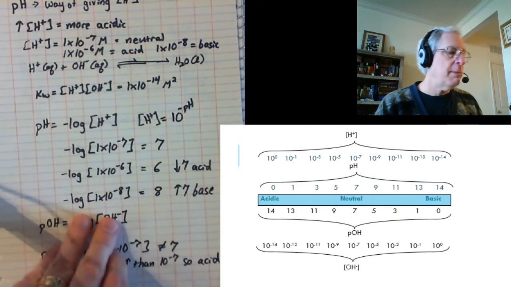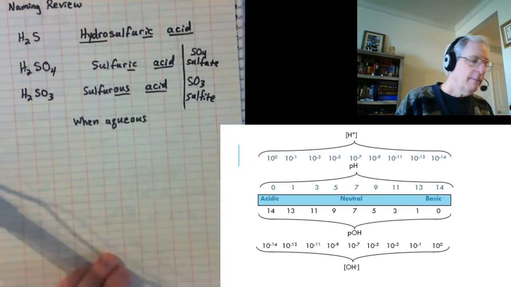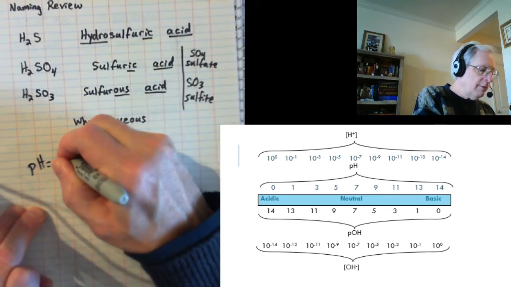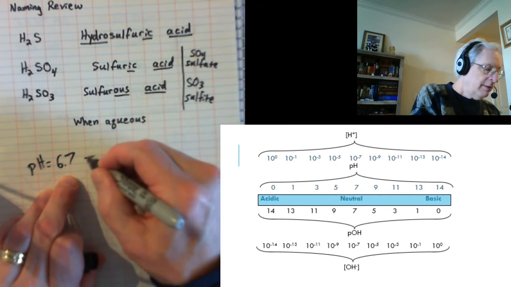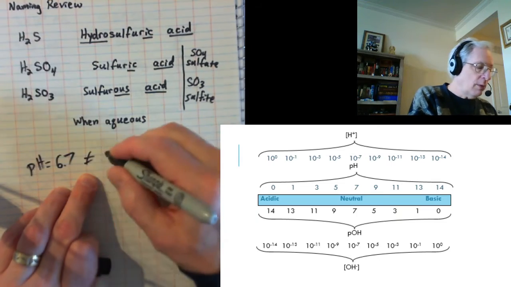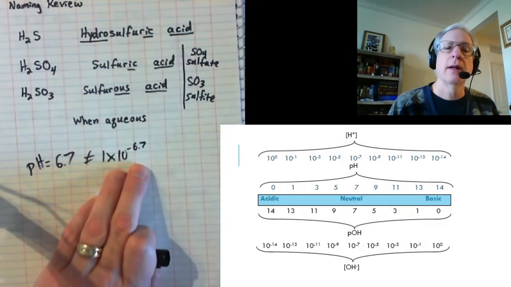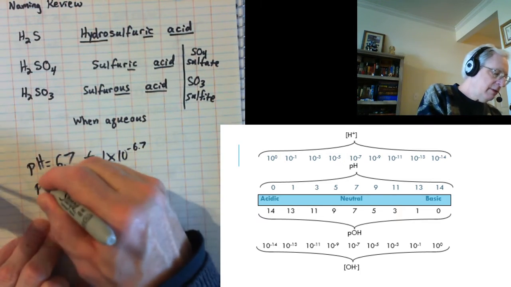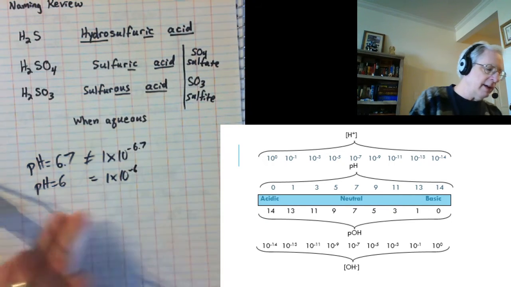Now a few things to keep in mind about pH and pOH. I can have a pH of, let's say, 6.7. I do not say that this is equal to 1 times 10 to the negative 6.7. I can say that a pH of 6 is equal to 1 times 10 to the negative 6.